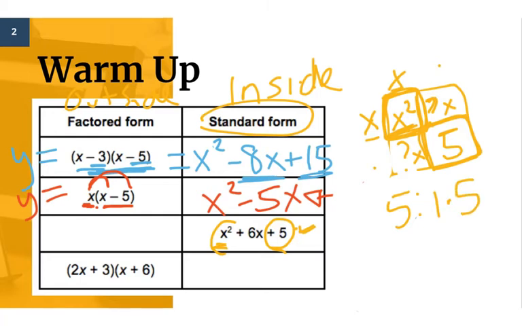So I know that one of these guys has to be 1, and 1 times 5 will give me this 5. All right, so now I've got to make sure that those numbers, the 1 and the 5, will give me x values that combine to a positive 6x.